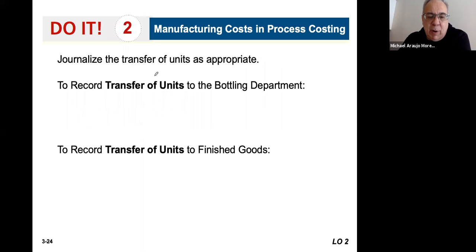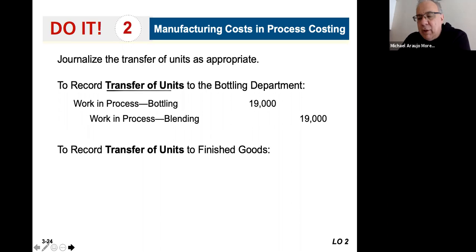So now that one department is done and transferring to another department, how does that look? Well, your problem says $19,000 of inventory was moved from blending to bottling. So there you see bottling department work in process is going up by 19,000 on the debit side, whereas blending is decreasing because they're moving it from blending to bottling.